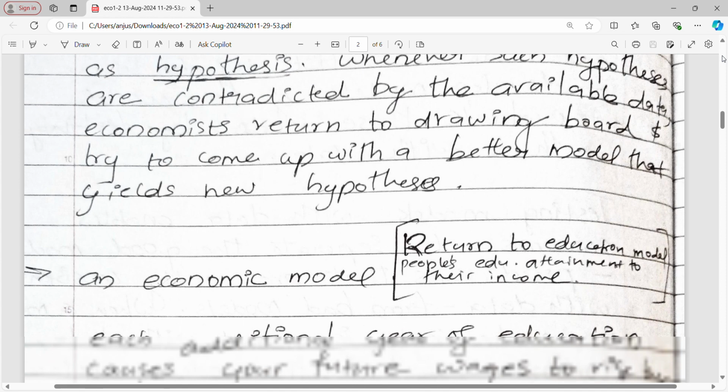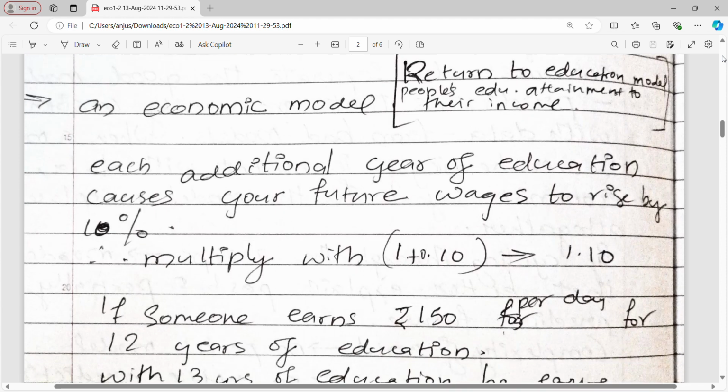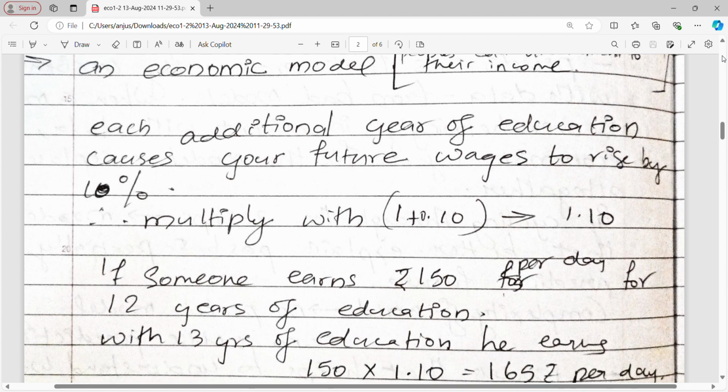Okay. So we can refer to an economic model called the returns to education model. That is, how the income of a human is affected by the education that he has attained. Here we are saying that each additional year of education causes your future wages to rise by 10%. That is, multiply by 1 plus 0.10, that is 1.10.